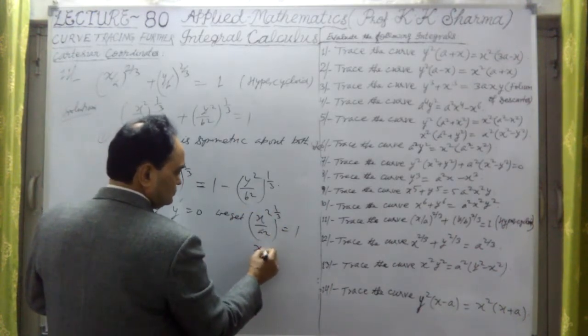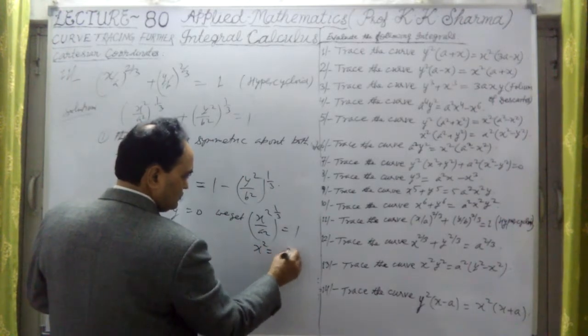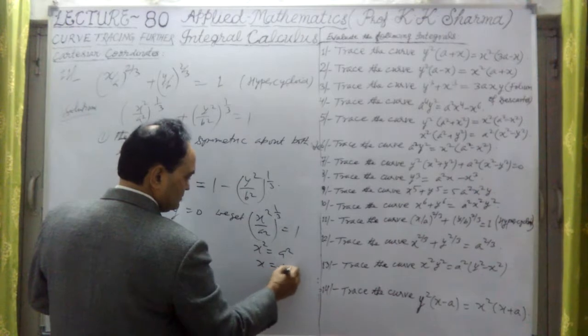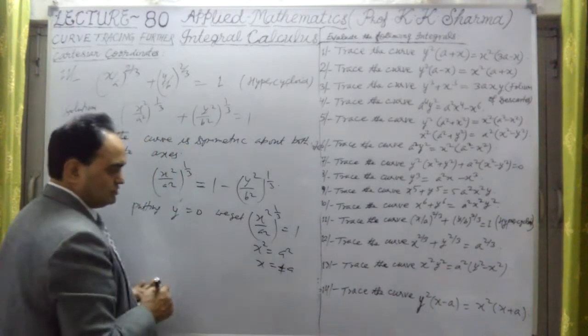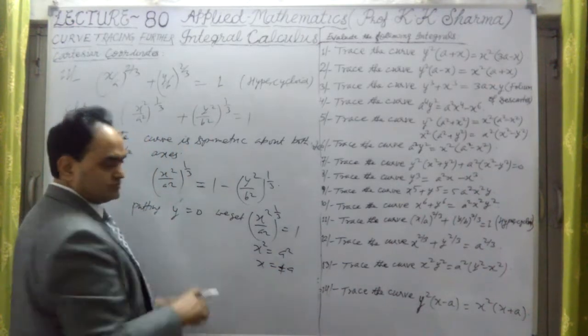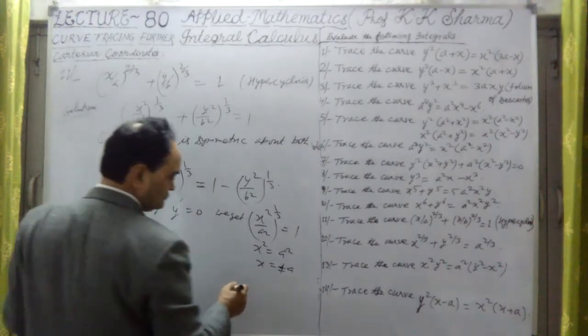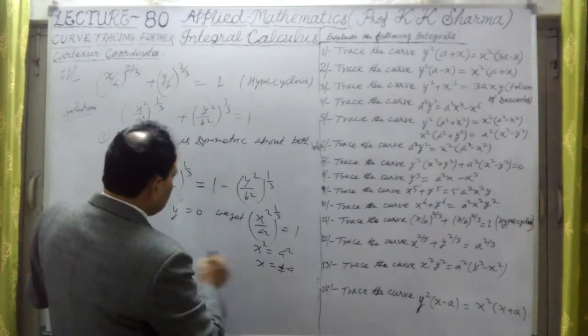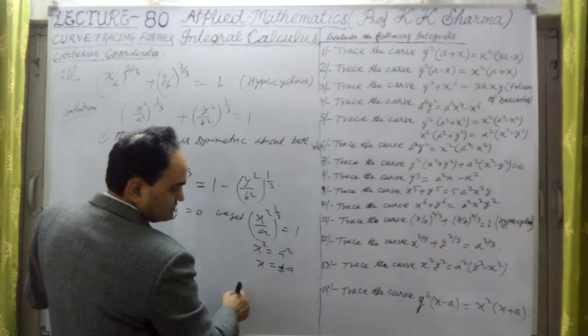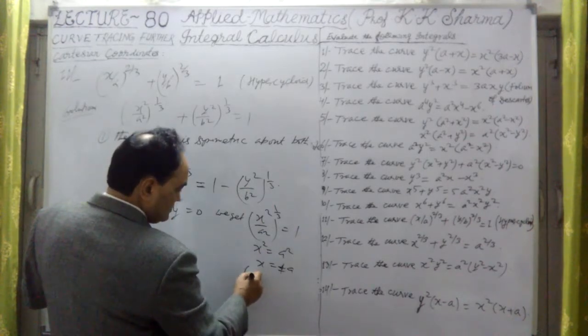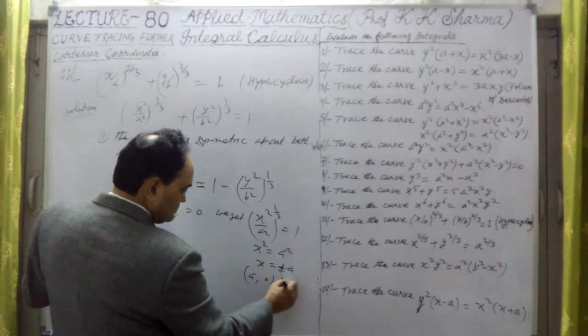So x² equals a², or x equals plus or minus a. Similarly, y equals plus or minus b. So y is 0 and x is plus or minus a. That means the points are (a, 0) and (-a, 0).